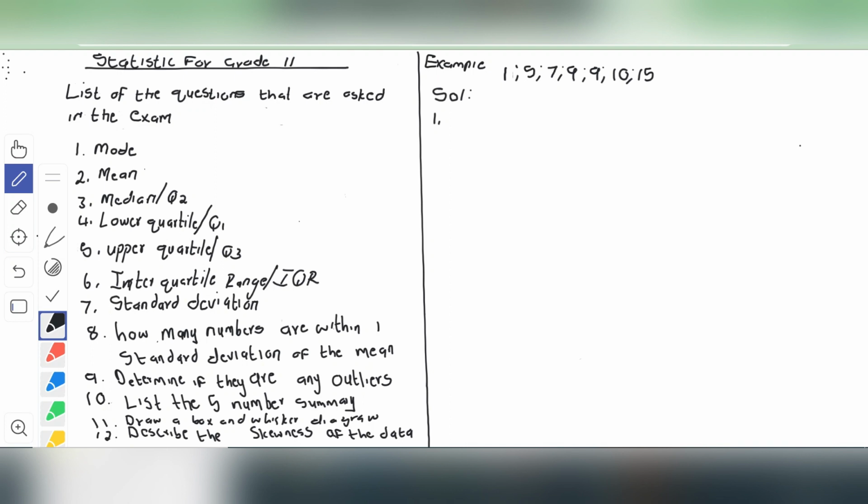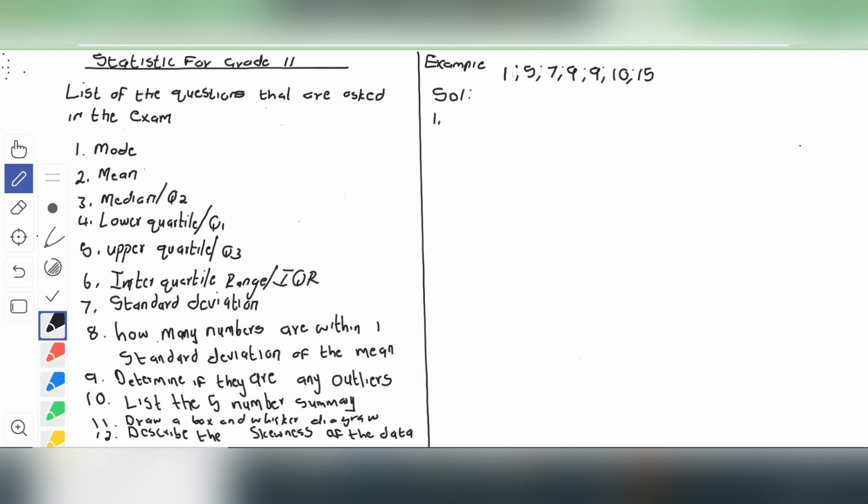Meaning it's from the lowest number to the highest number. So that is the first thing that you check. When we check our data set, it's 1, 5, 7, 9, 9, 10, and 15, meaning now we can answer our questions because we can see that our data set is arranged in ascending order, right?